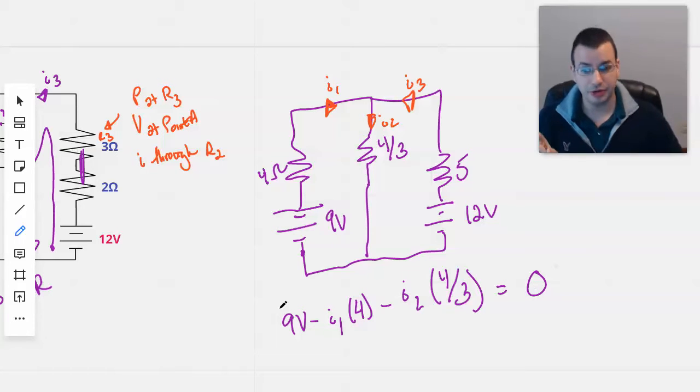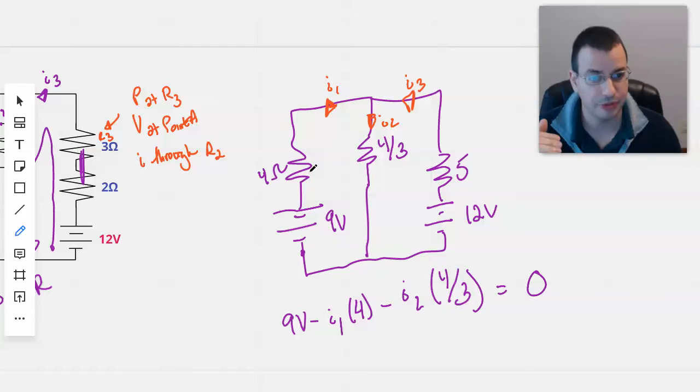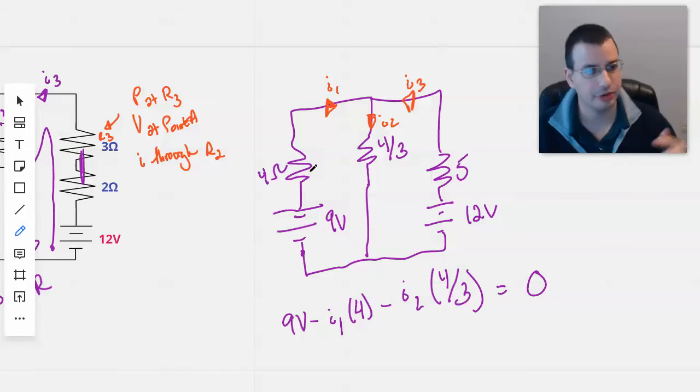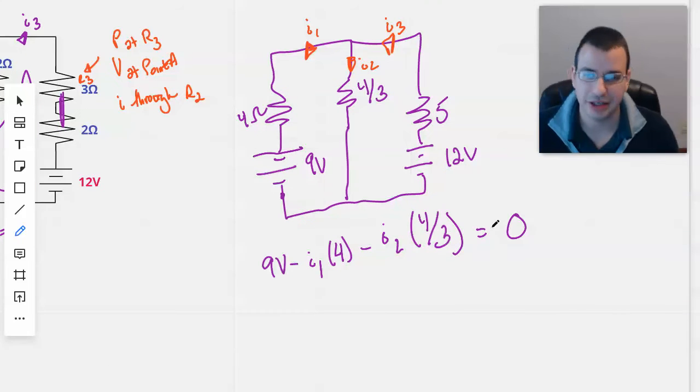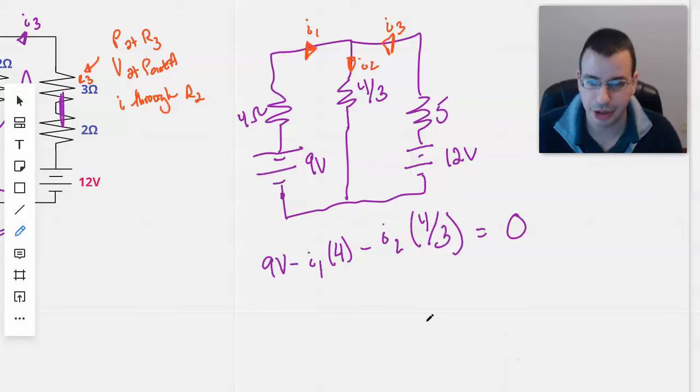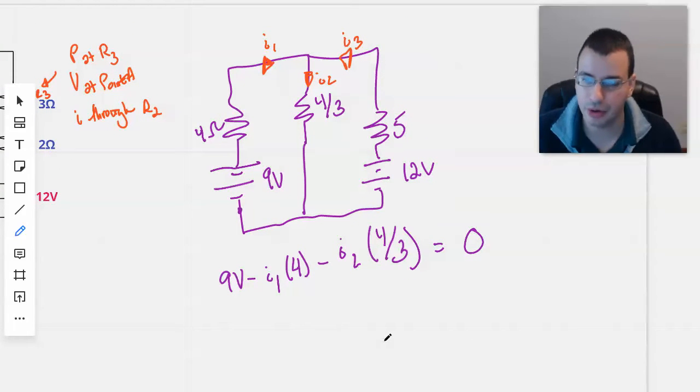So the batteries will raise the voltage, but the resistors will drop the voltage. There'll be a voltage drop across the resistor, which kind of makes sense. You can't get a whole bunch of resistors, put them in your car, and make it go.